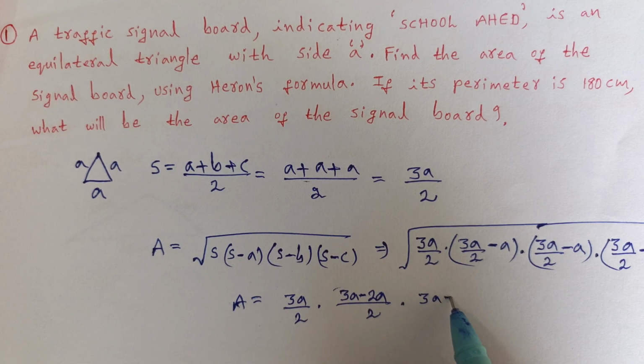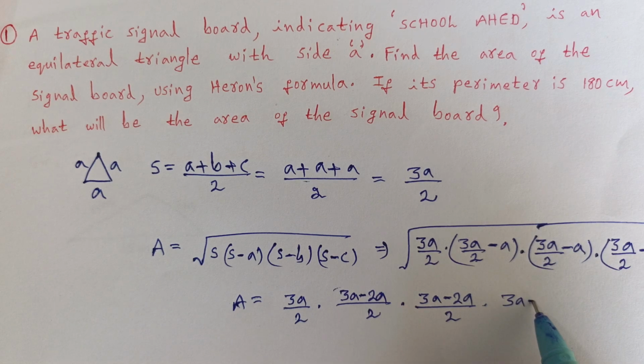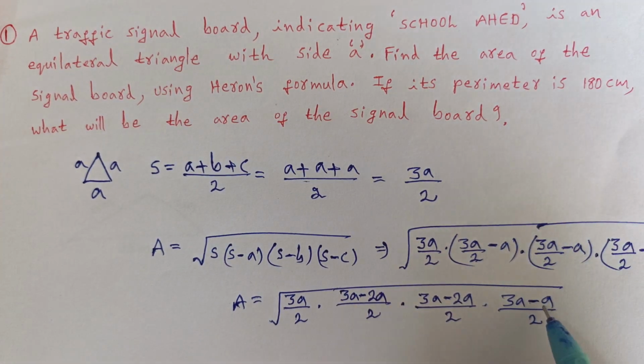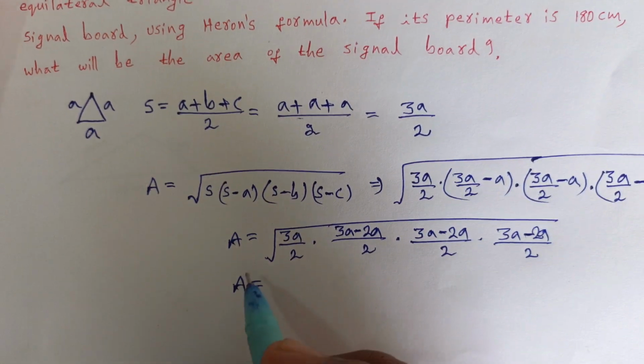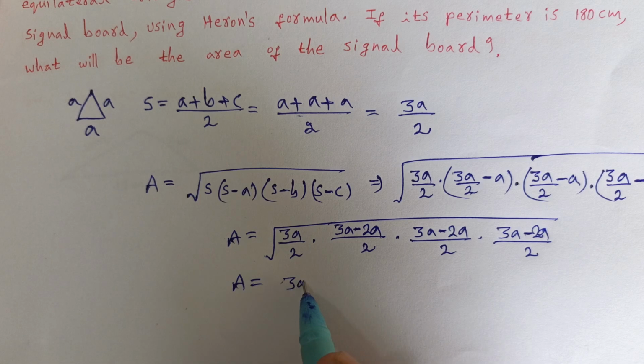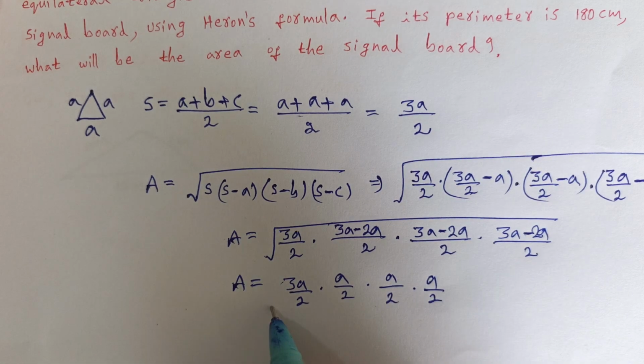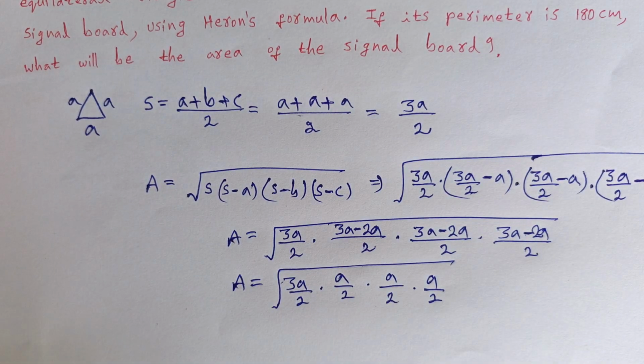Similarly in the remaining two places we also get the same value. So 3a minus 2a equals a. So area equals 3a by 2 into a by 2 into a by 2 into a by 2, under root of this.